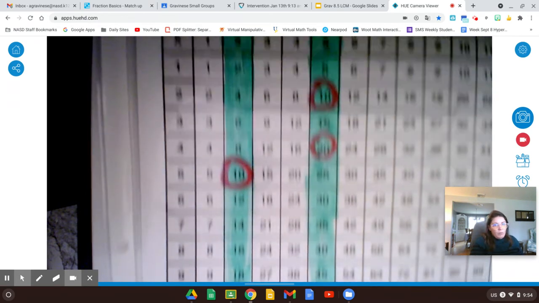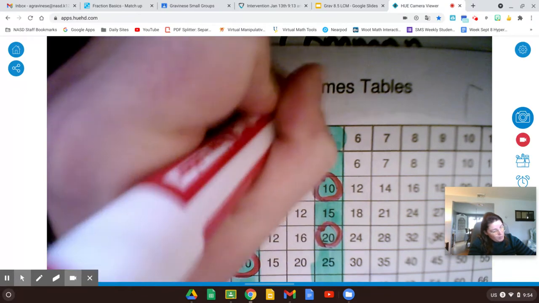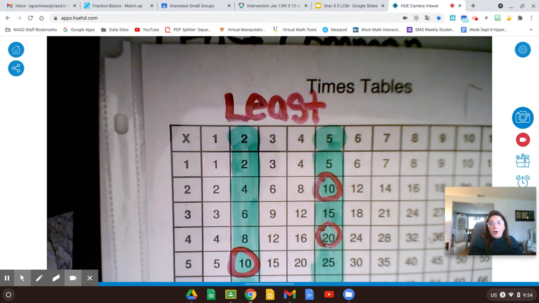Now, the reason that we focus on the least common multiple and not a greatest common multiple is because numbers count on forever. I can always keep adding another number. So we will never be asked to find the greatest common multiple because numbers are infinite. They will go on forever.